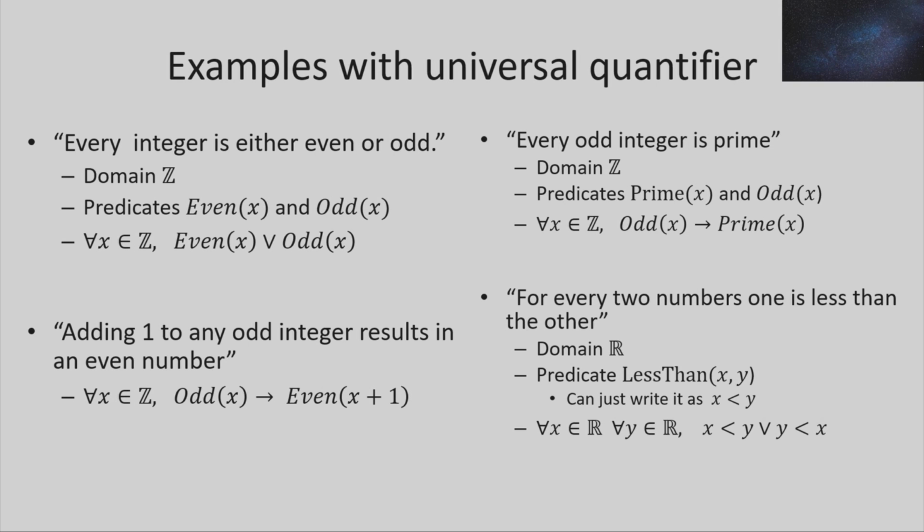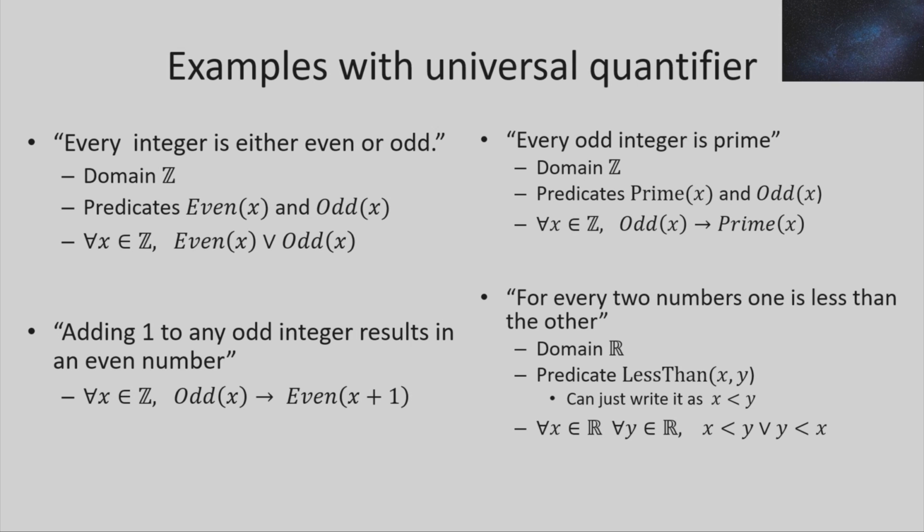So let's try something talking about more numbers. For every two numbers, one is less than the other. Well, we're talking about numbers, and really it could be all sorts of numbers, but let's say real numbers. That's general enough. So let's say our domain is real numbers, and the predicate that we are using is less than, because we are talking about one number being less than the other.